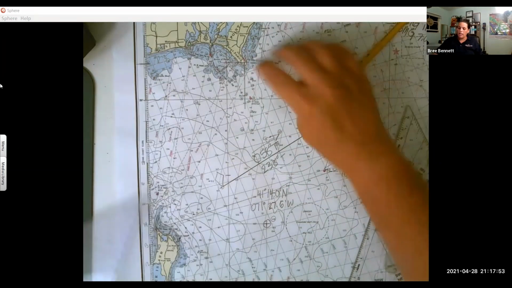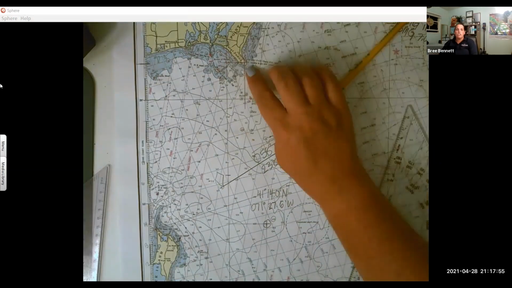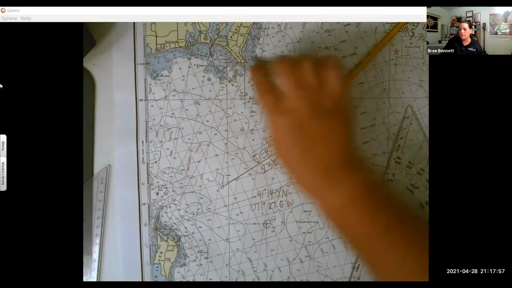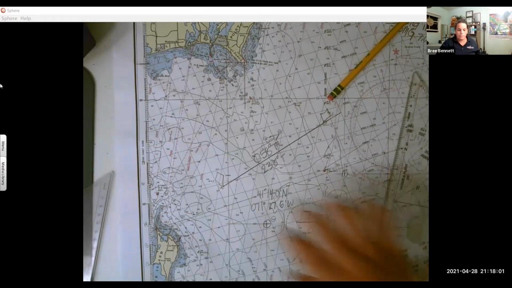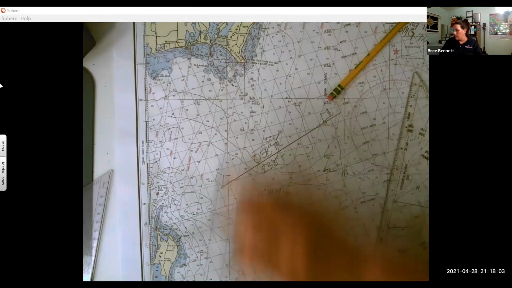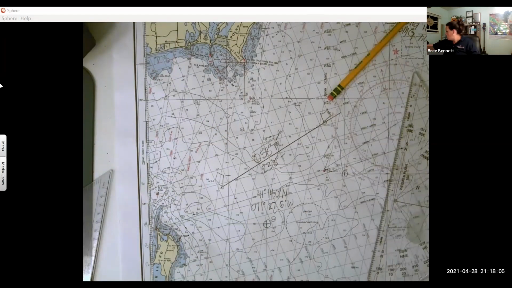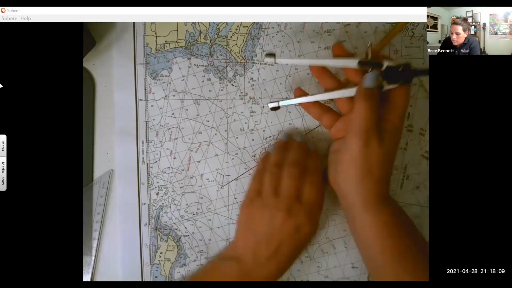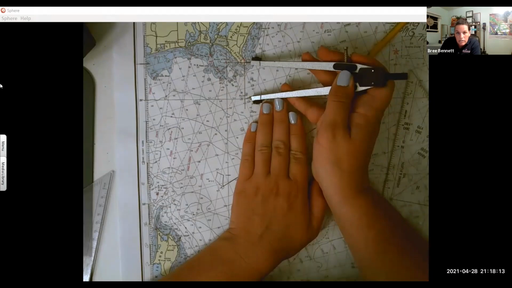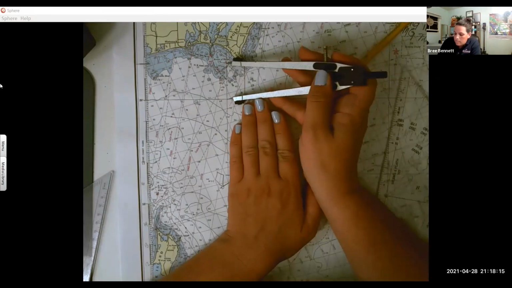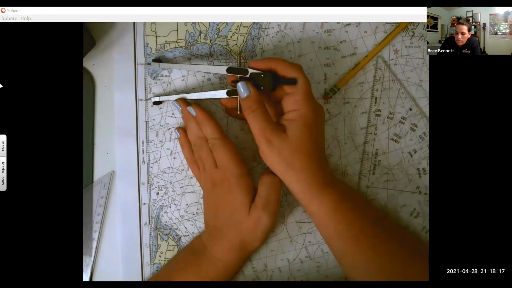So I have drawn in my latitude and longitude line to my nearest known bold lines. Then I'm going to use my dividers, measure my latitude, same distance all the way across here.